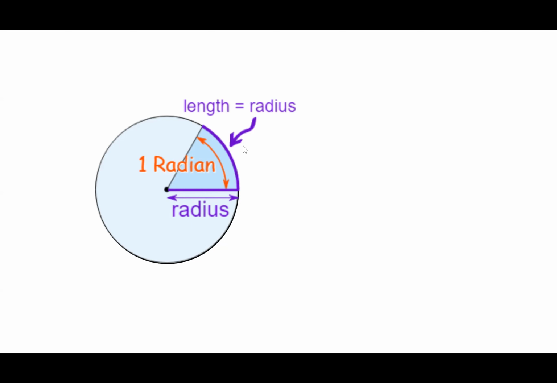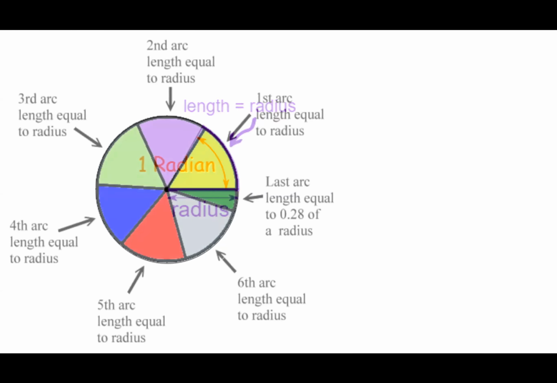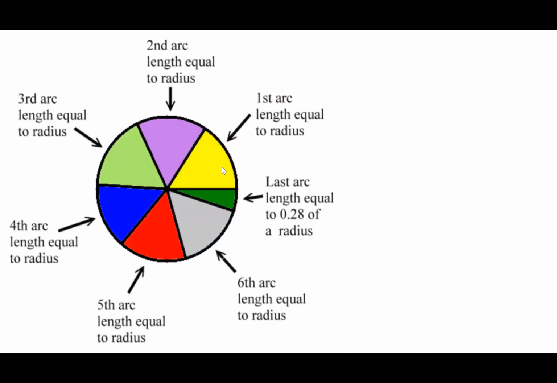Out of curiosity, I wondered how many radii I would need to cover the entire circle. I did it over here to show you. In yellow, we can see the first radius. In purple, we can see the second radius.